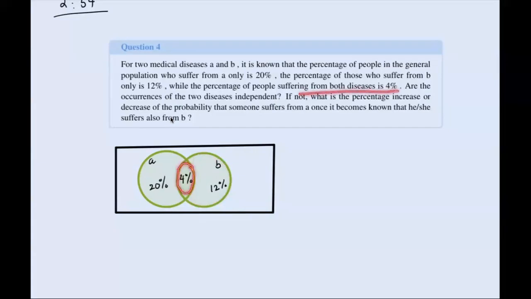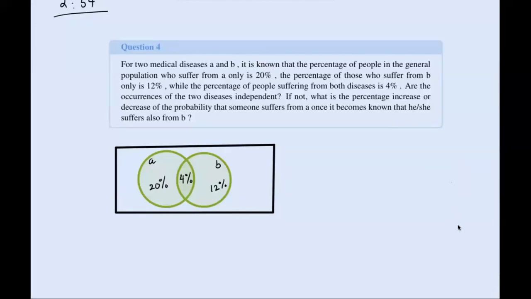So I put it in the middle like this. And the question is, is the occurrence of the two diseases independent? What do you think? If you just look at these numbers, do you think they are independent?